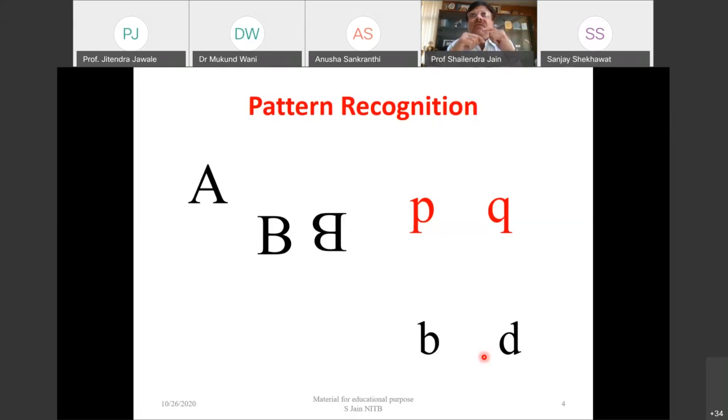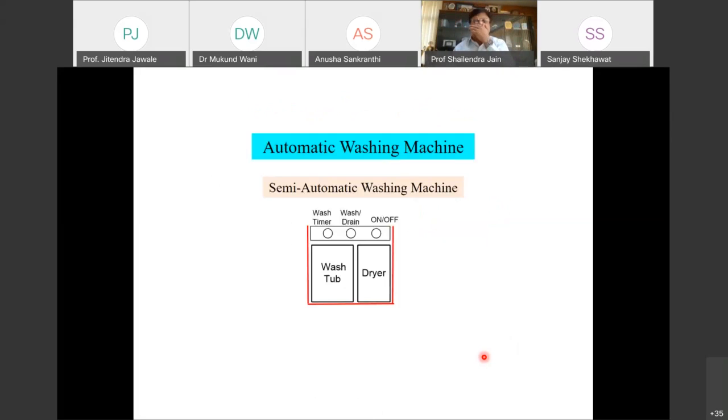So basically our brain cells, after learning something, are able to take the right or accurate decision. This is what we want in fuzzy theory, that a machine should be able to take a decision to control a particular system.